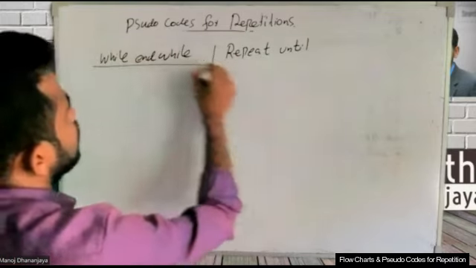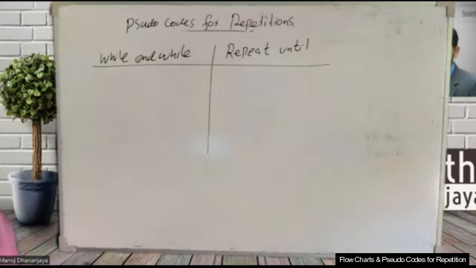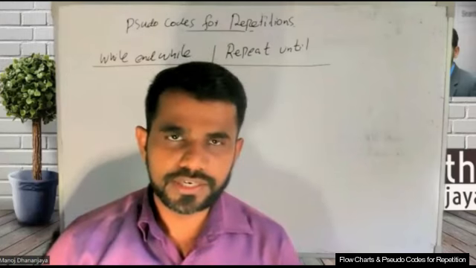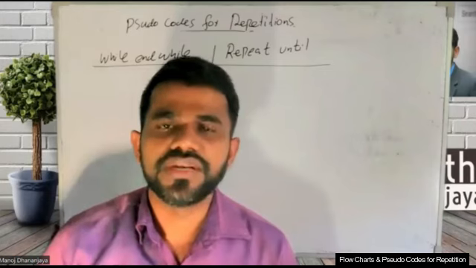While will be used in which situation? If the answer yes is repeated. Repeat until will be used if the answer no is repeated. What are other differences? If the answer yes is repeated, we have seen while. If the answer no is repeated, we have seen repeat until.